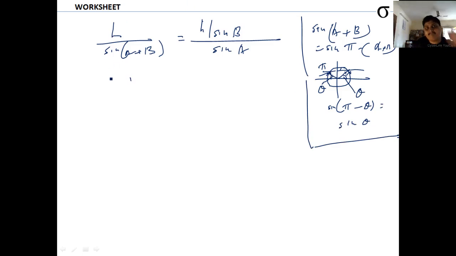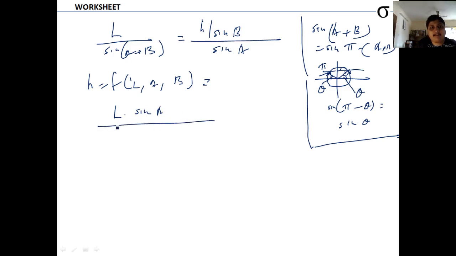Now that aside, in terms of h as a function of L, A, B, cross multiplying, h would be L into sine A into sine B divided by sine (A plus B), right?